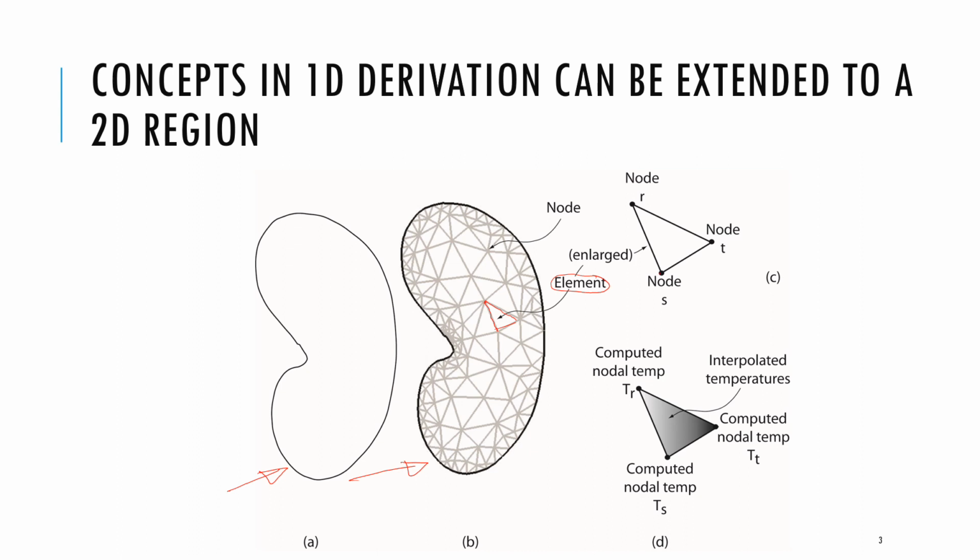So the element has 3 nodes, okay, and these are the nodal temperatures. Again, these are the approximate values, and the shading here is supposed to represent interpolated temperature. So darker values represent different from lighter region.